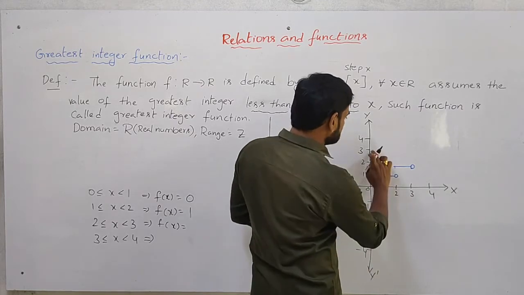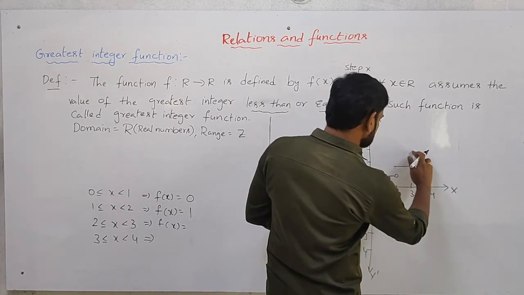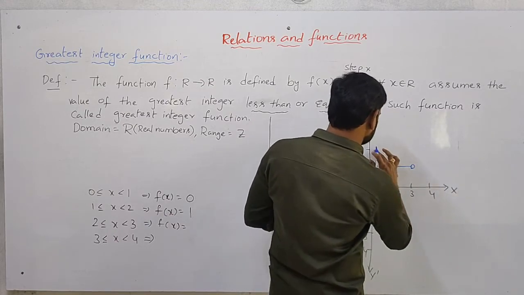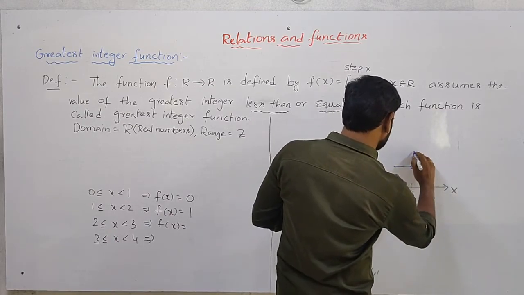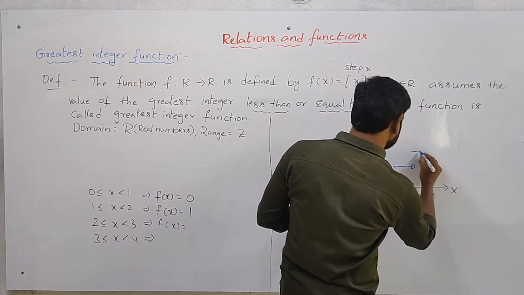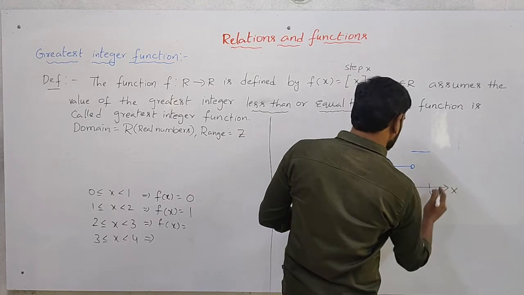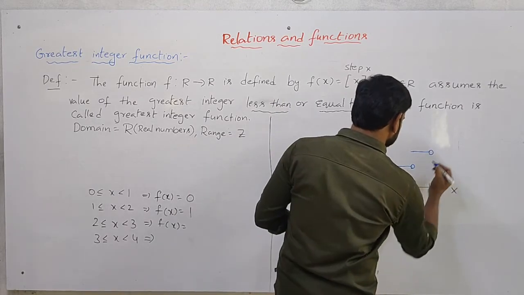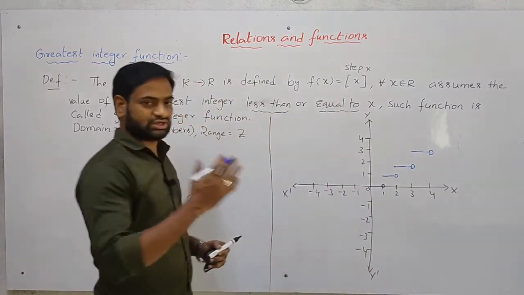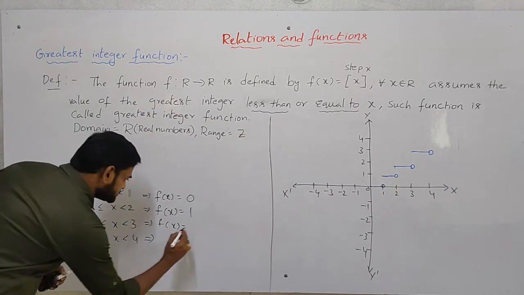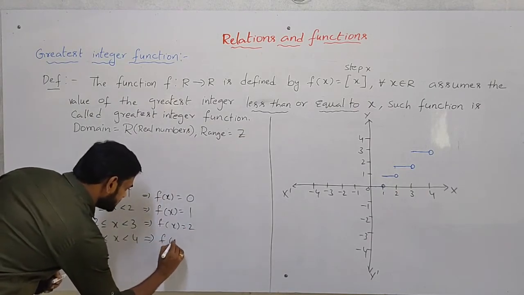So the answer is 3. Where is the 3? This is the 3. So here you start at 3, up to 4. I am not taking 4. That's why put a circle. Like that you can extend. And this value is f of x equal to 2. This is f of x equal to 3.